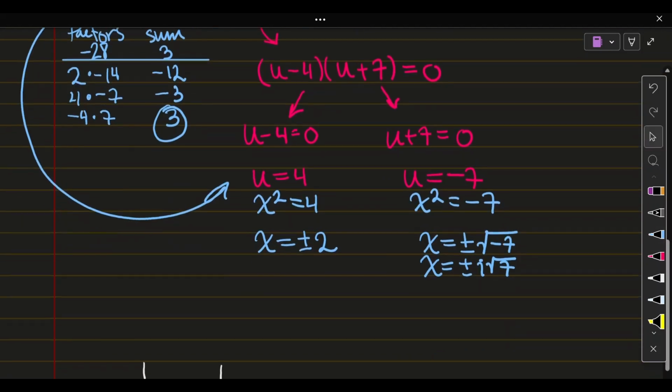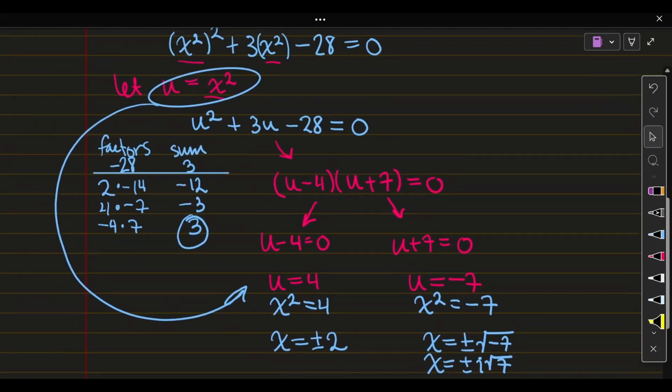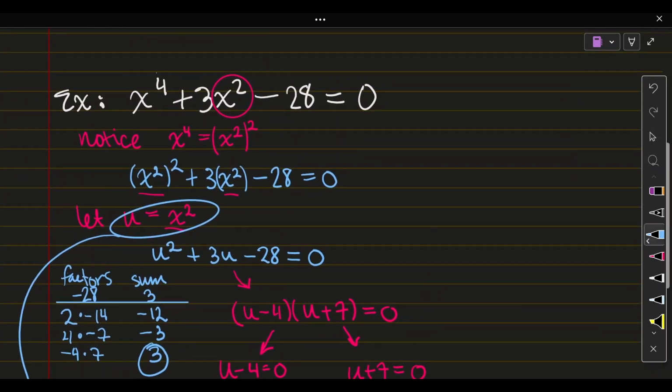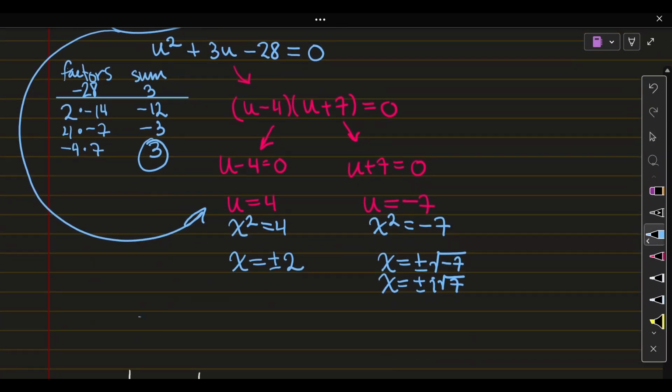Okay, so my solutions to this equation, it has degree 4, are x equals positive 2, negative 2, positive i root 7, and negative i square root 7.